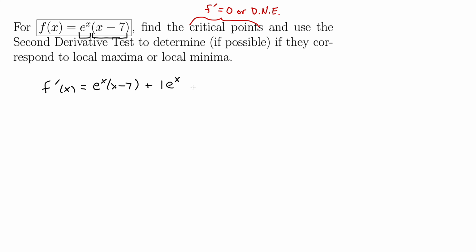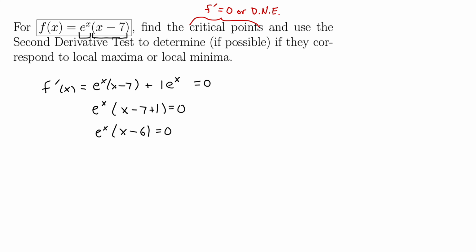Where is it equal to 0? How in the world do we solve that? What if we factor out an e to the x out to the front? e to the x times the quantity x minus 7 plus 1 equals 0, so e to the x times x minus 6 equals 0. First off, note that there's nowhere that this is undefined.